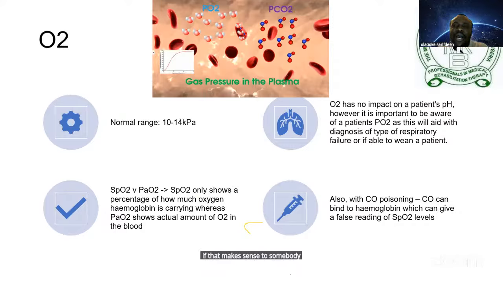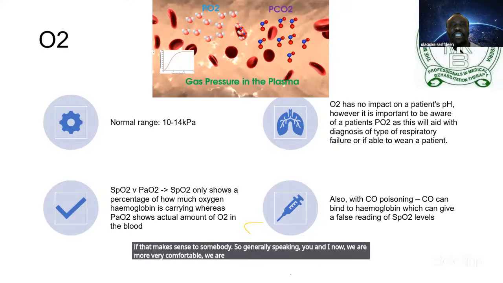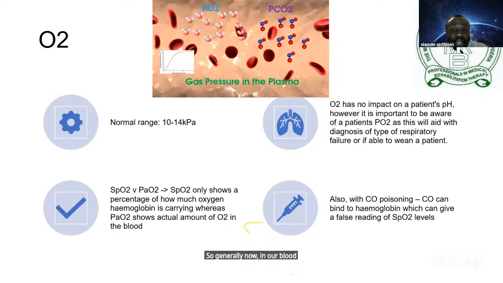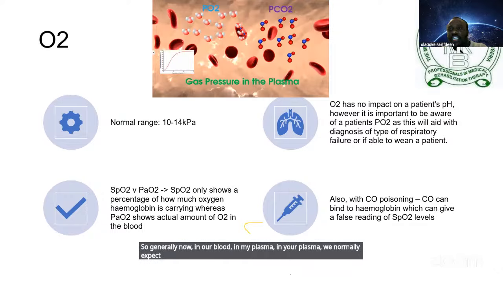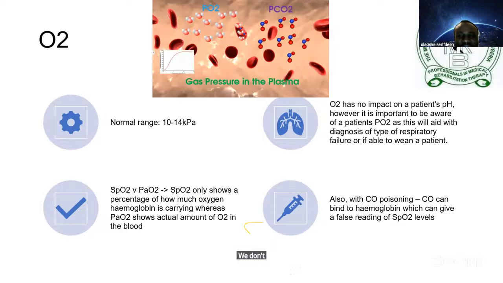So generally speaking, you and I are very comfortable, breathing normally. In my plasma, in your plasma, we ideally expect the normal value for oxygen on an ABG to be between 10 and 14, and it might be greater than that. We don't want it to be less than 10.